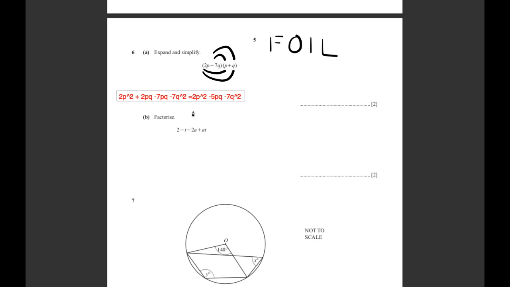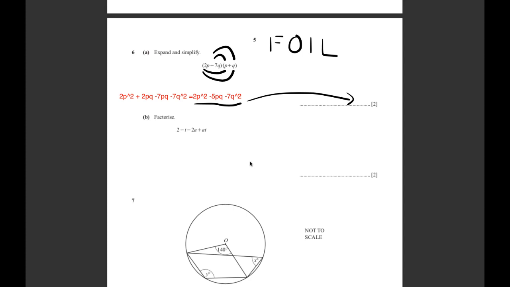So those are the only terms that you can simplify. So this here, let me underline it, is my answer that goes here. Okay, just go through it nice and carefully, make sure you don't make any mistakes when you're working through it for your 2 marks.